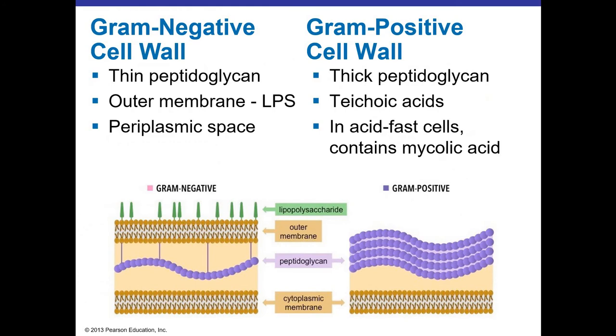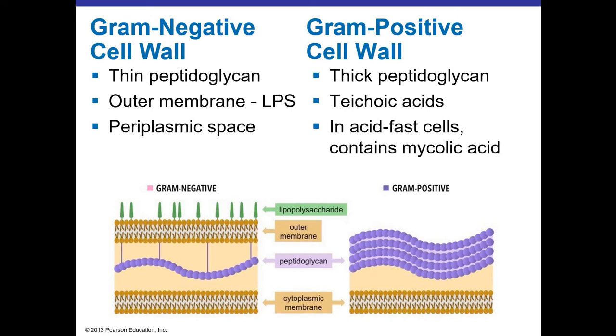So if we summarize, the gram-negative cell wall actually only has this thin monolayer of peptidoglycan, but its major feature is the outer membrane that is going to feature those lipopolysaccharides, and so this is going to have the LPS layer. Where the peptidoglycan resides, that's referred to as the periplasmic space. When you think of a gram-positive, you should think of this as having a thick cell wall.